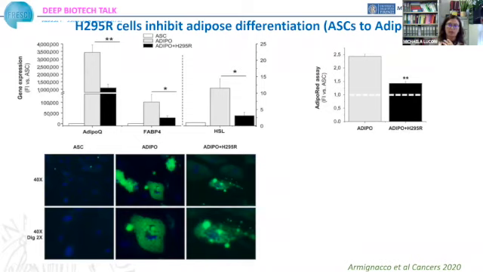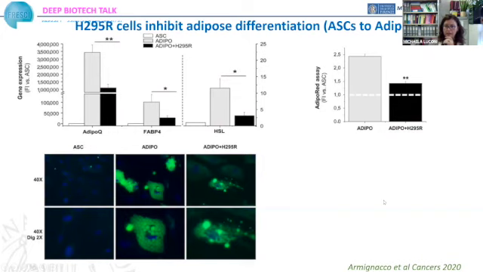And when the ASC stem cells were differentiated towards adipocytes, which is indicated by the bar marked adipo, in the presence of the tumor cells, you can see here that there is a decrease in the differentiation of these cells, also associated with a decrease in the number of lipid droplets inside the differentiating cells.